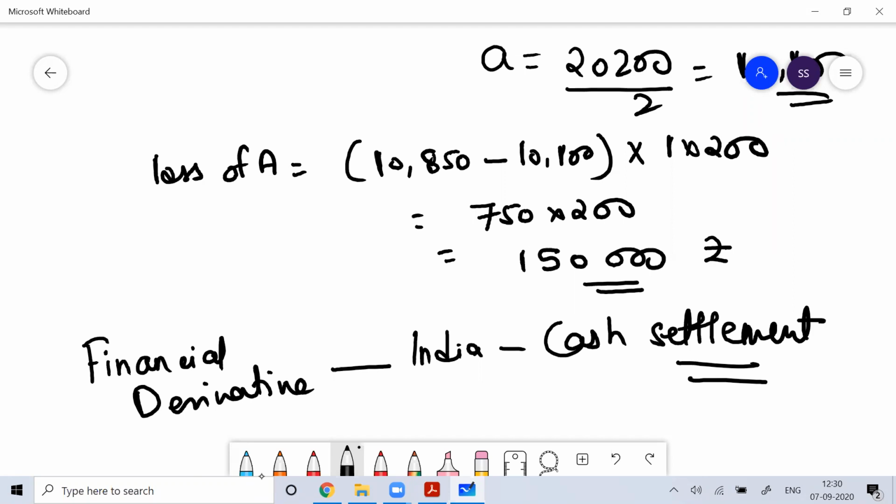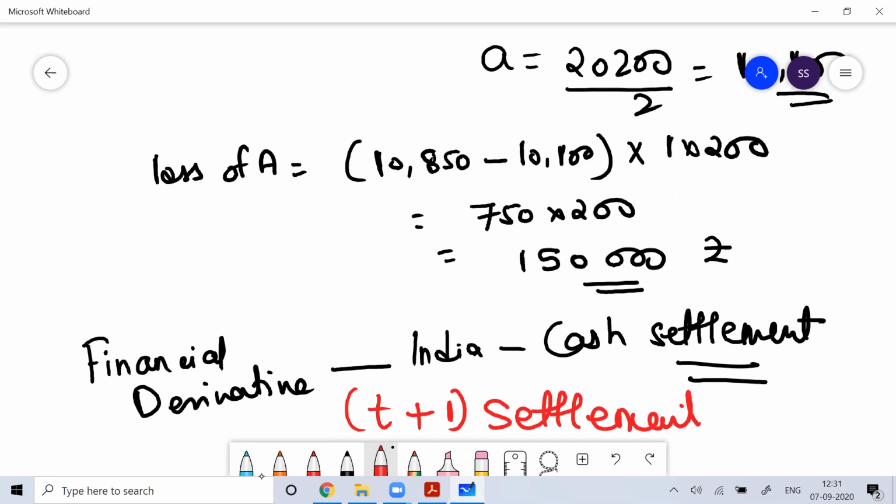So this person A has taken a short position at 10,100, believing that the Nifty will go below 10,100, but instead Nifty has actually gone up to 10,850. So this person got a loss, and that loss you can calculate. Finally the final settlement happens, that is basically cash settlement. That is what we do in India. All this settlement follows T plus one settlement.